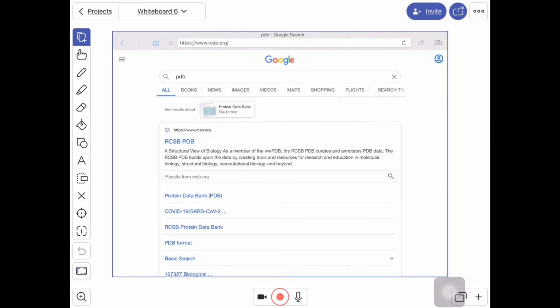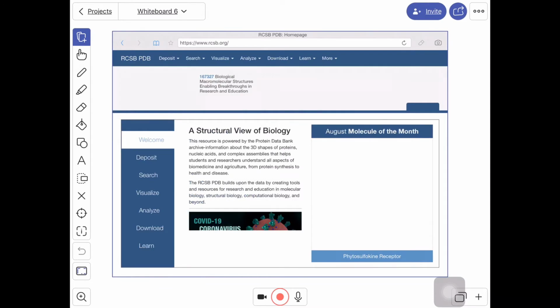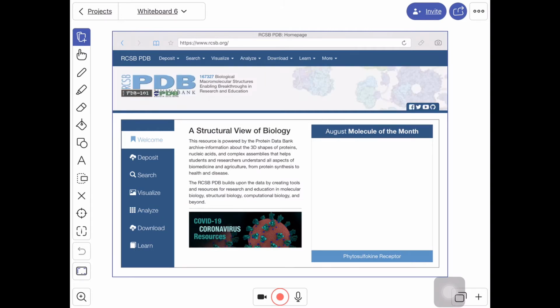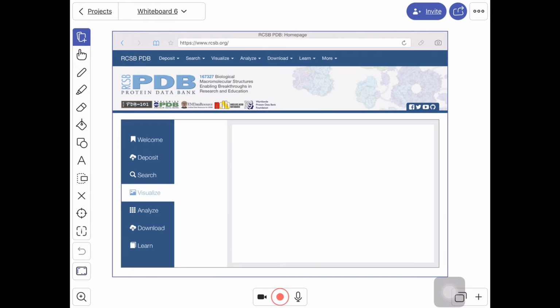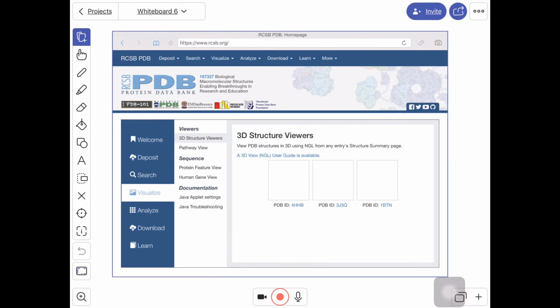See, PDB is Protein Data Bank. They provide us three-dimensional structures of proteins. You can even analyze, search, and visualize the three-dimensional structures of proteins.